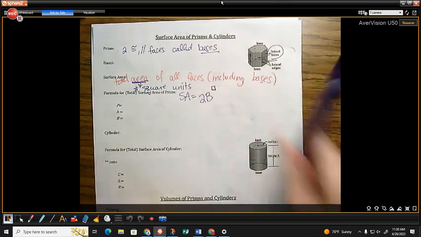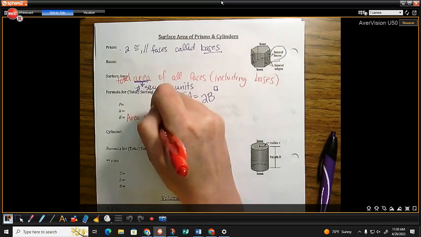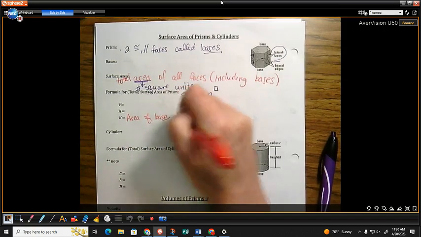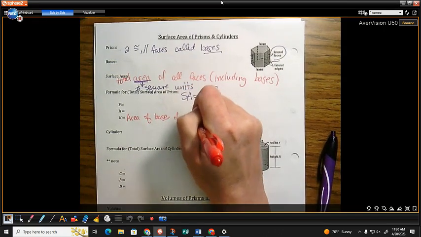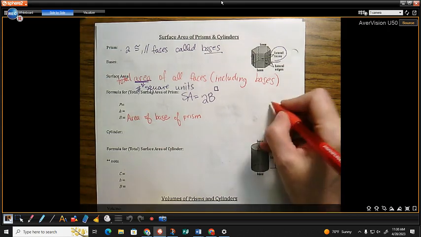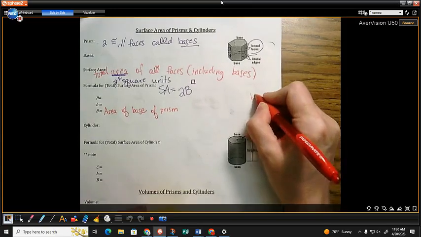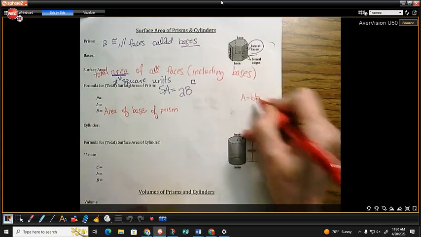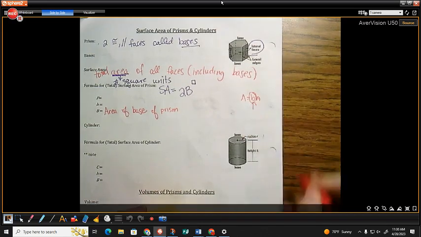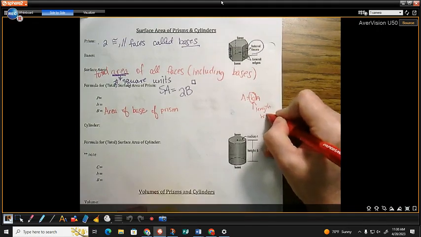Notice that this big B stands for the area of a base of the prism. Big B is area of base. What's little b? Little b is like when you do base times height of the triangle. That's what little b is talking about, a length of a base.